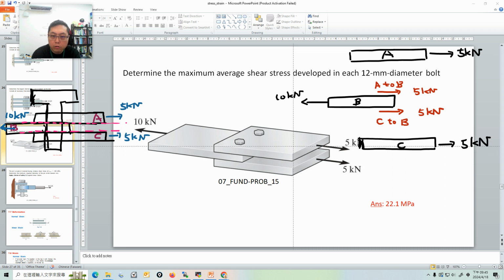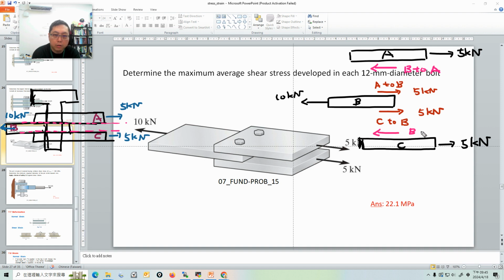Because A has a force on B, at the same time there must be a reaction force of B acting on A. There must be an equal and opposite reaction force. This is A to B, and here must be an equal and opposite one, B to A. Same thing here: there's a force C to B, so C exerts force on B, and there must be a reaction force B to C.